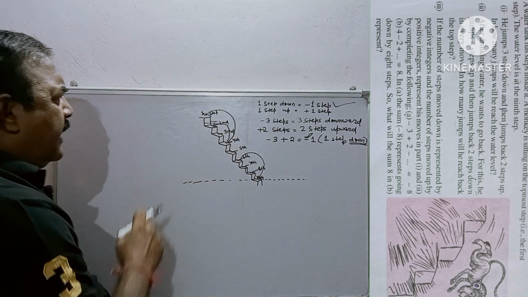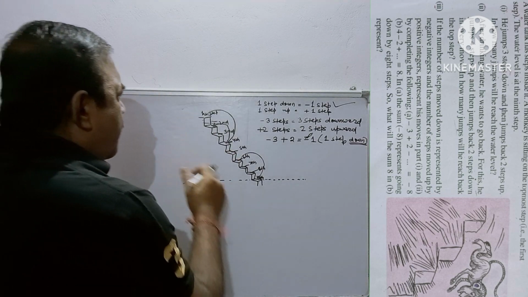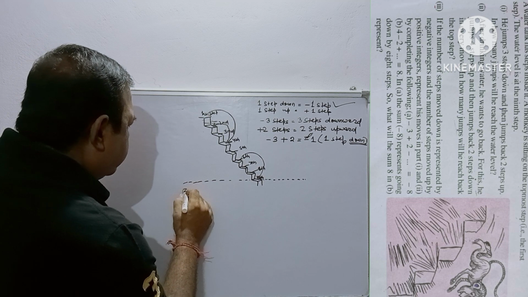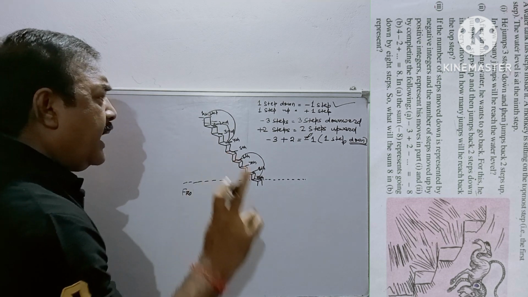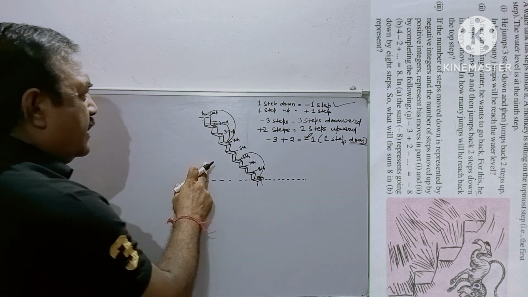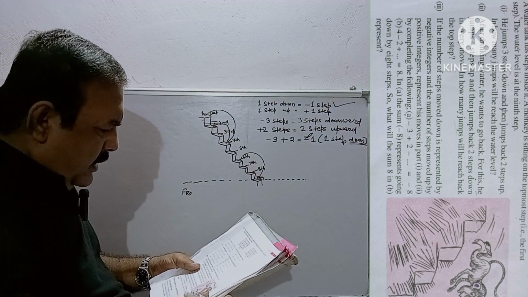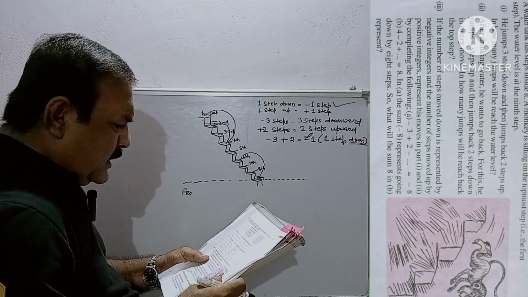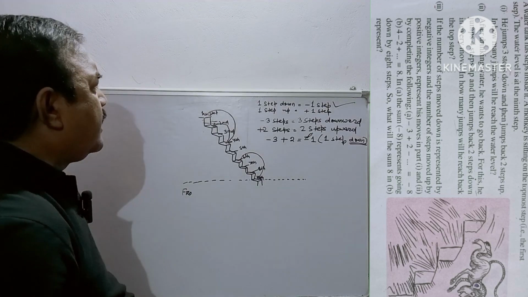So we have to find from first step, because we have been asked number of jumps. In how many jumps will the monkey reach the water level?